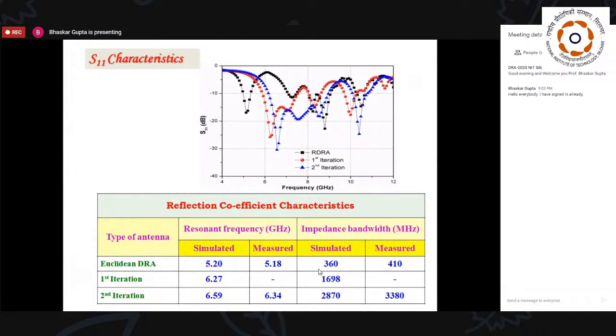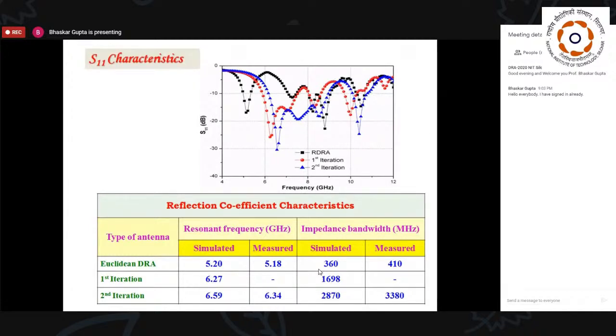After first iteration, the second resonant frequency vanished totally, was not observed. But after the second iteration, we got two clearly, but the two were separated by an amount large enough so that we get a multi-band behavior, not a continuous wideband one.